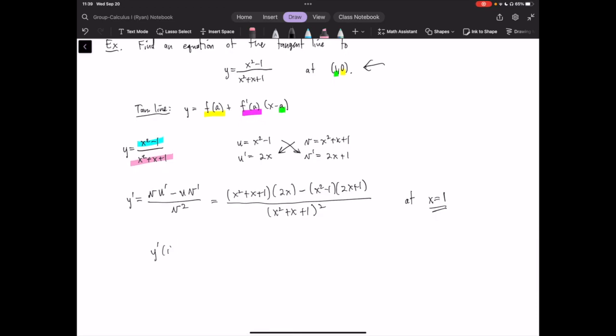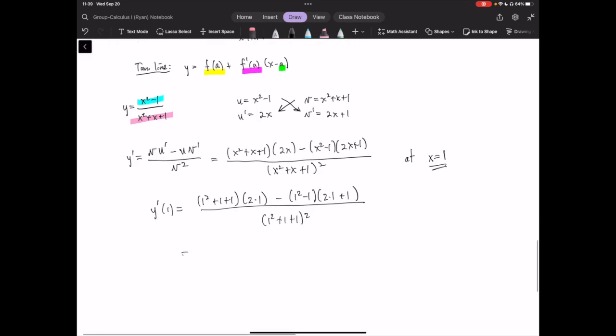So y prime when x is 1, this becomes 1 squared plus 1 times 2 times 1 minus 1 squared minus 1. I'm just plugging in 1's for x's here, all over 1 squared plus 1 squared plus 1, squared.